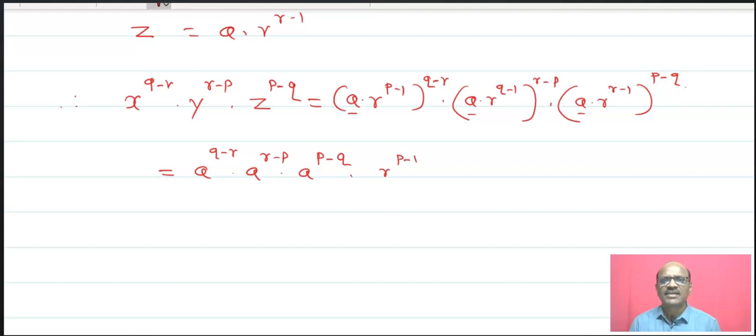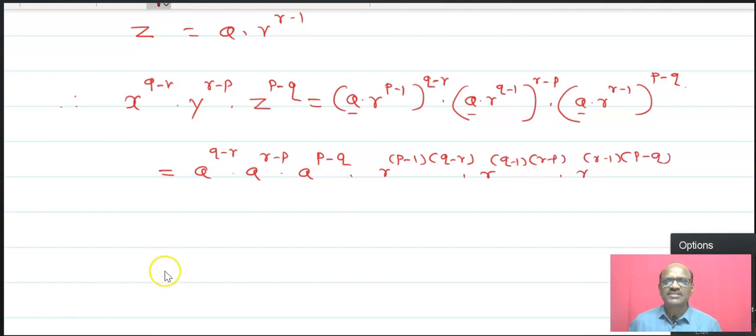Now the next values are of r. Now r raised to p minus 1 into q minus r. Here again r raised to q minus 1 into r minus p, into r raised to r minus 1 into p minus q. And now we will simplify this simple calculation.